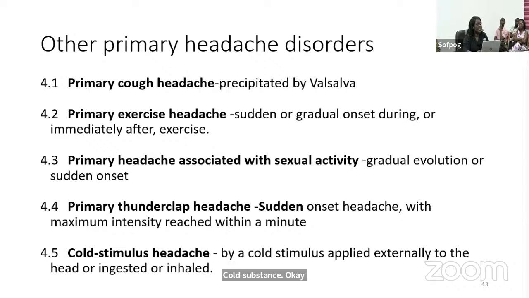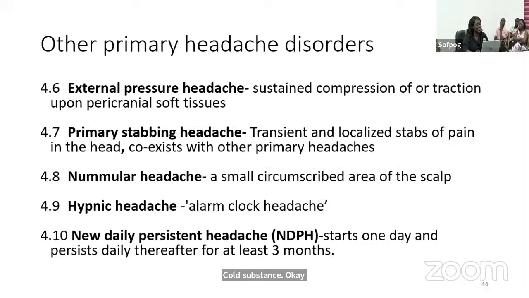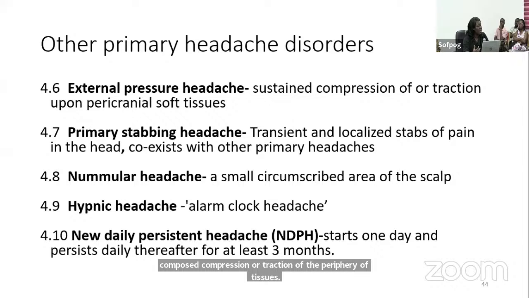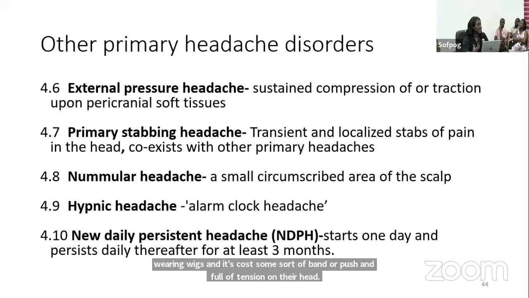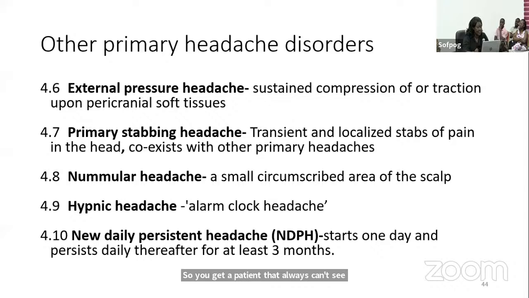There's external pressure headache, which comprises compression or traction of the pericranial soft tissues. It's quite common, especially now that a lot of us are wearing wigs, and it causes some sort of band or puts some sort of tension on the head. So you get a patient that always comes to see you, saying I have a headache, and you should actually ask about it.